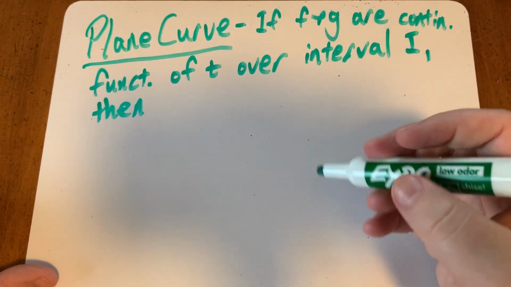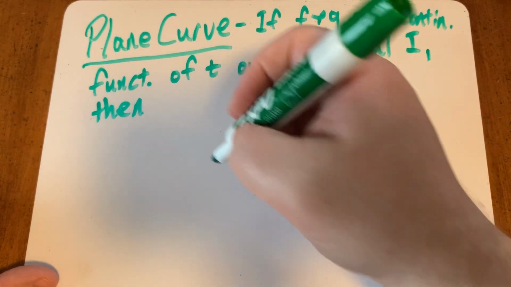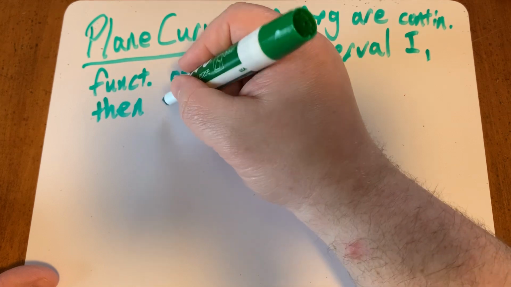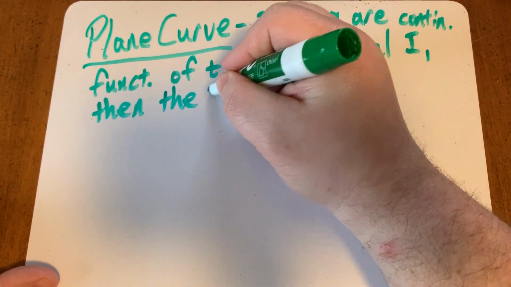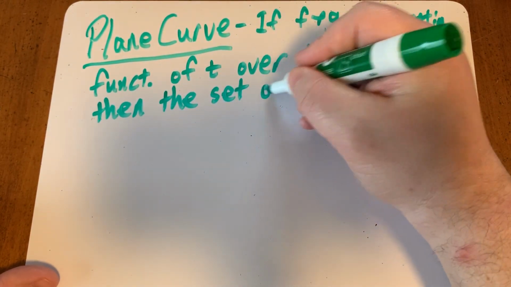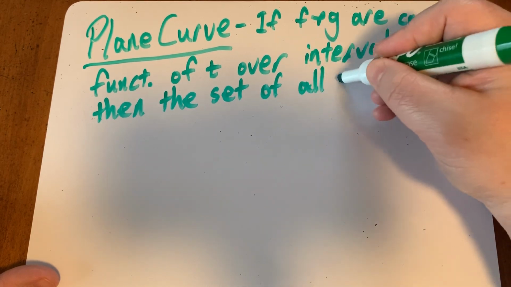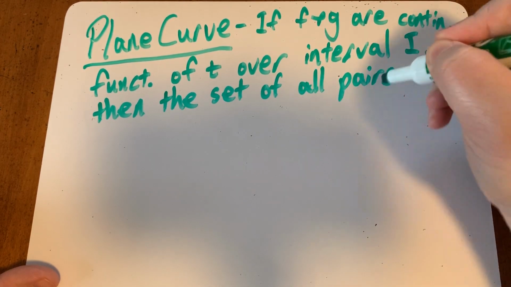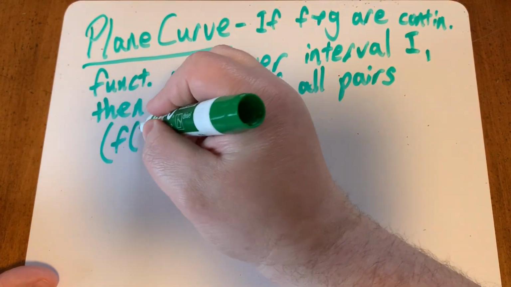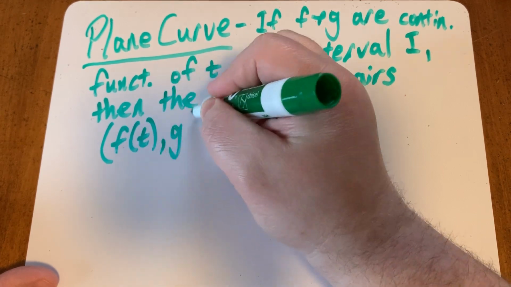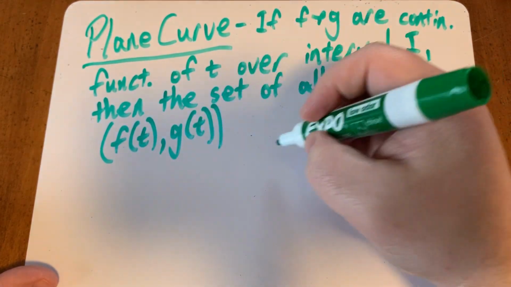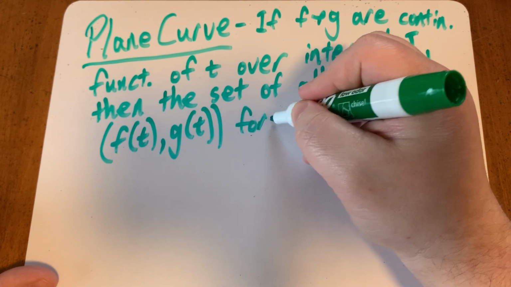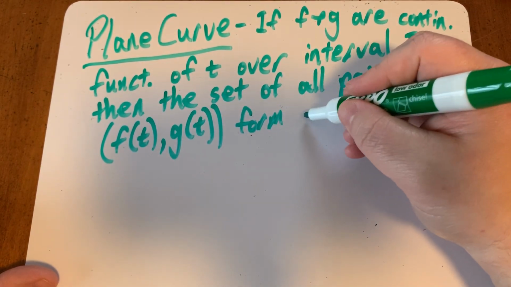So if you have two functions in terms of t over an interval, then the set of all ordered pairs f of t, comma g of t will form our plane curve.